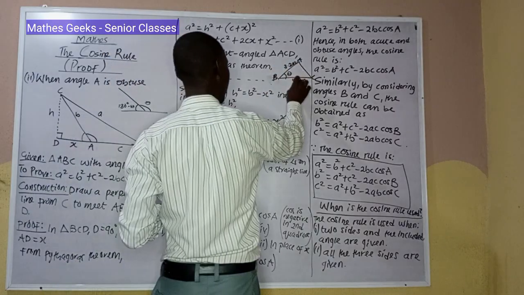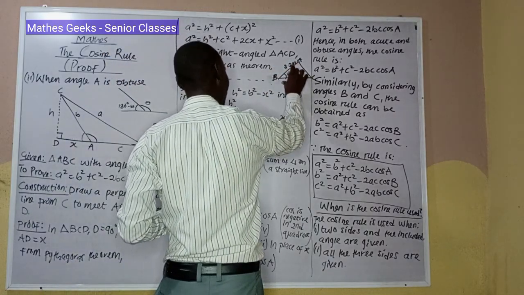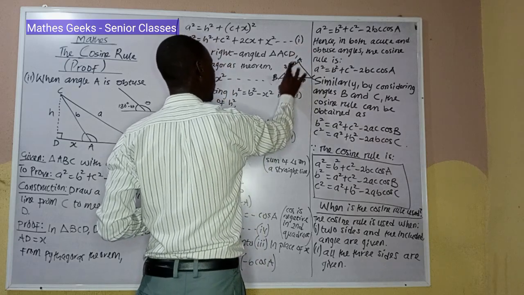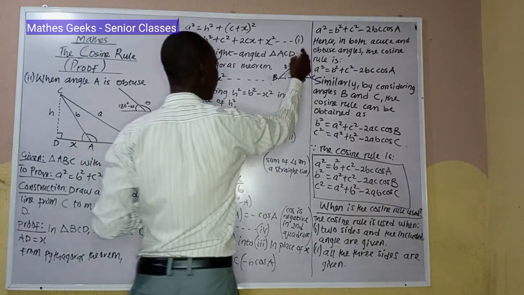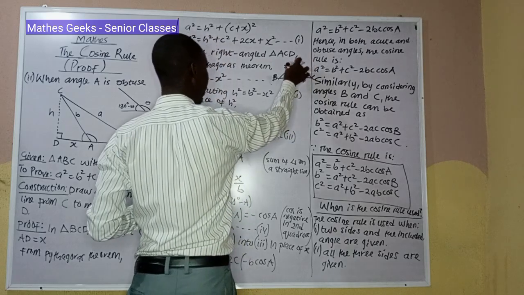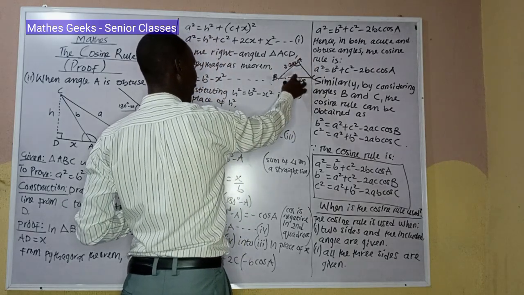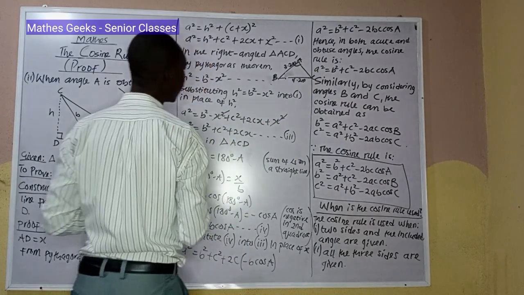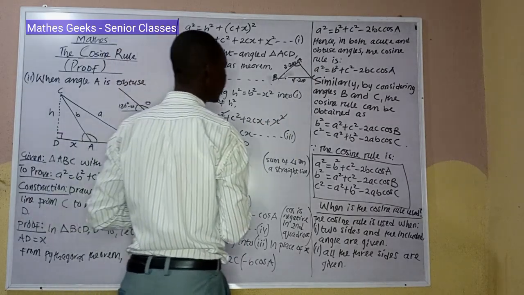If the included angle is not between the two sides, then we can't use the cosine rule. Rather, we are to use the sine rule. So if the angle is here, you can see that this angle is opposite one of the given sides, and the other side is opposite a known angle. So that will warrant the use of the sine rule.